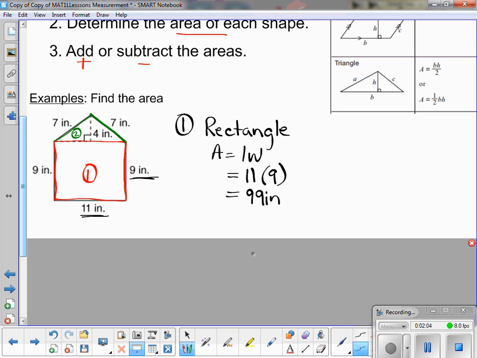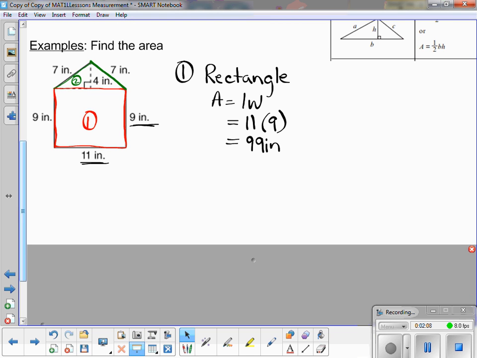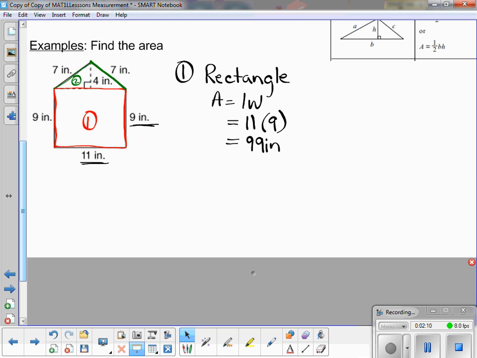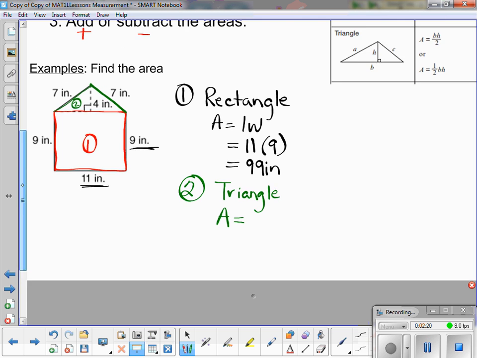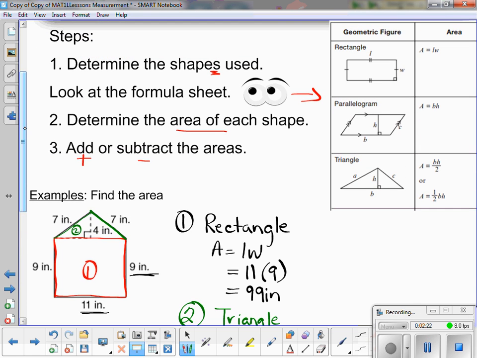Then I need to look at the second shape, and that's that green shape. The green shape is a triangle, so I'm just going to write triangle. You don't have to use those words. It just makes it easier for me to show you. Again, I go back up to the formula sheet, and remember, there's 2 for the triangle, and you get to choose which one you want.